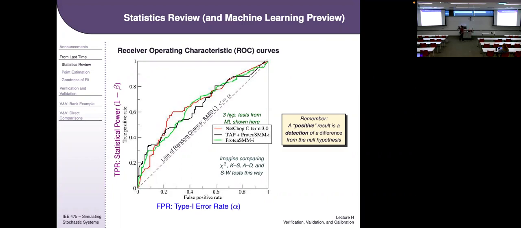And so my statistical power will also fall along this line. So it's kind of the null hypothesis test, I guess is what I'm saying here, is just flipping a coin at random chance, where the chance that you're going to come up heads is your alpha. And that's what this diagonal line represents here.